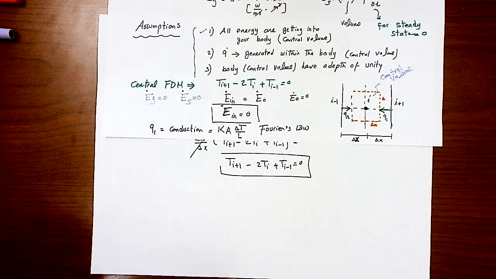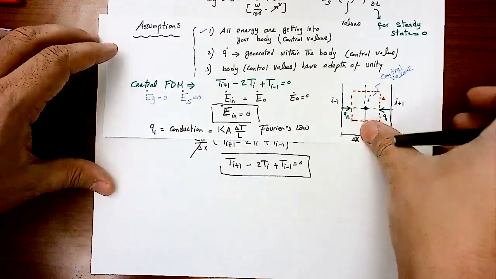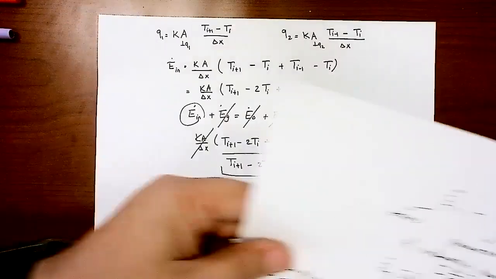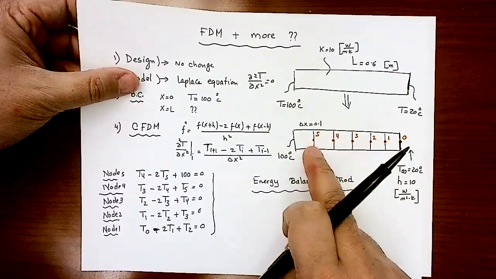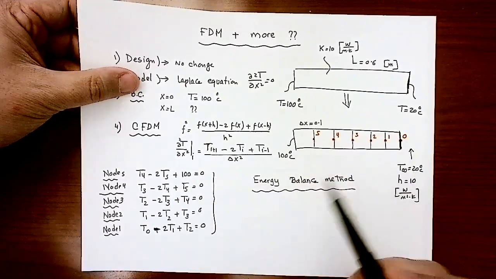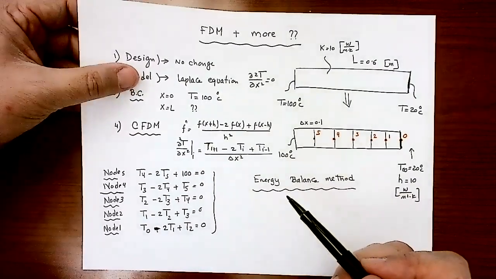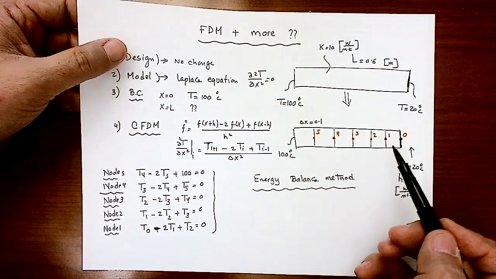So let's get back to the example and see how we can take advantage of the energy balance method. I'm getting back to this example here. I was able to secure multiple equations for all the nodes. I would like to deal with node number 0 here and see if the energy balance method will provide help here.